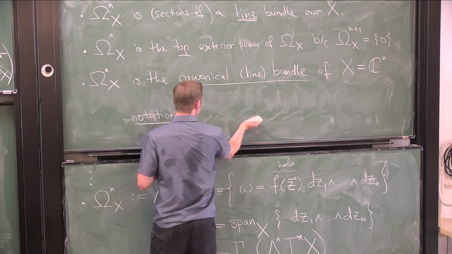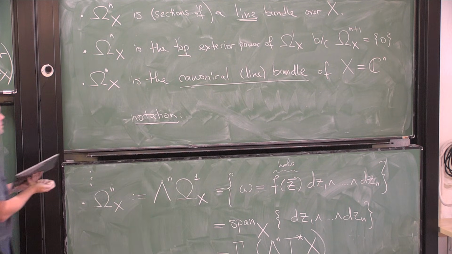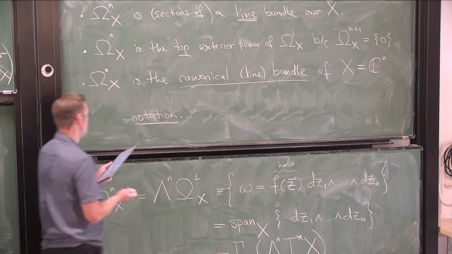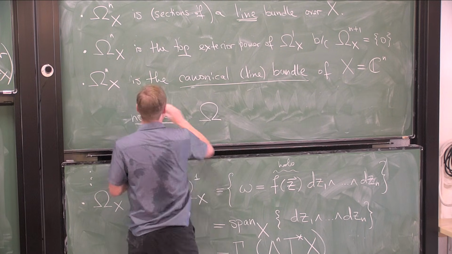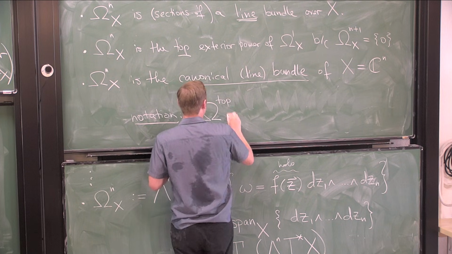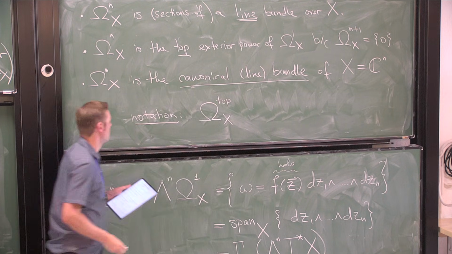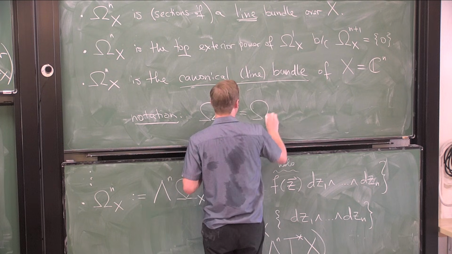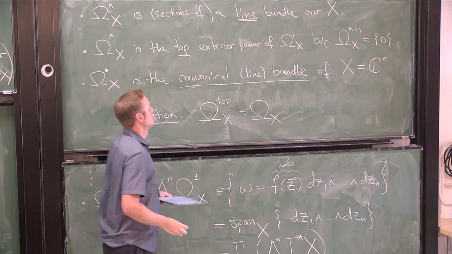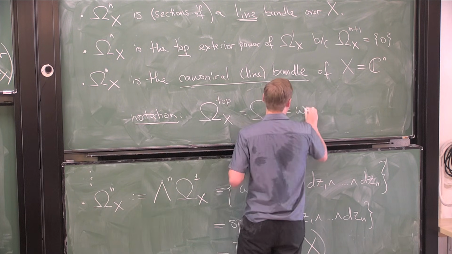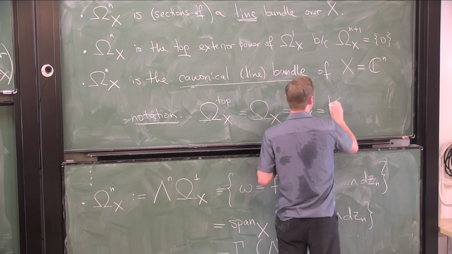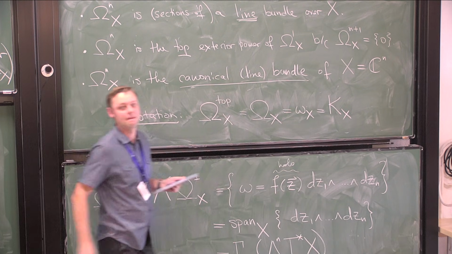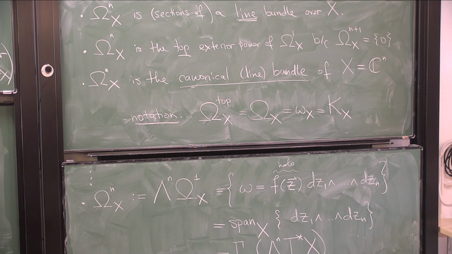Sometimes in the same paper you will find it denoted by several distinct notations. So sometimes people call it Omega^n, sometimes Omega^top_X, sometimes just capital Omega_X, sometimes lowercase omega_X. Another very common notation is K_X. And there's probably more. These are the most common.